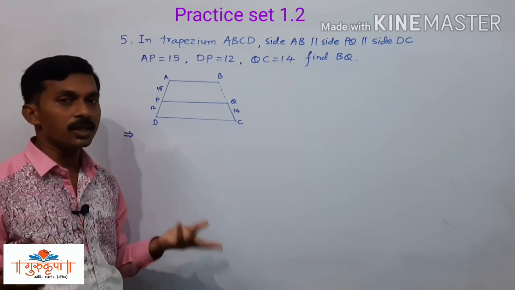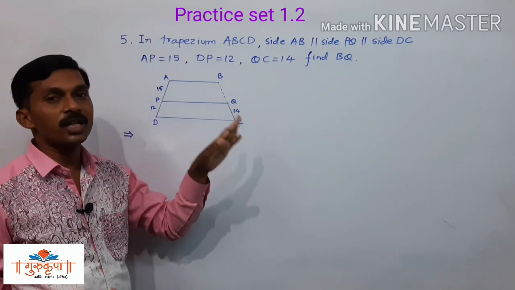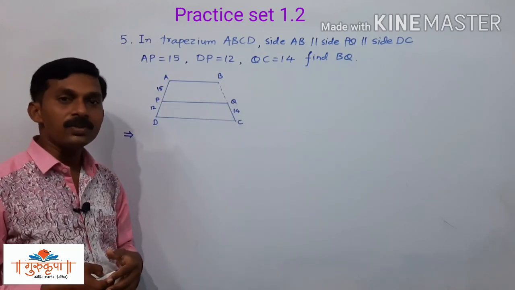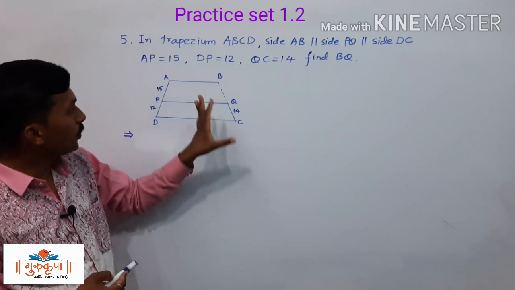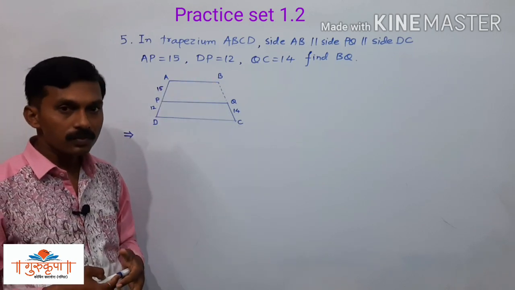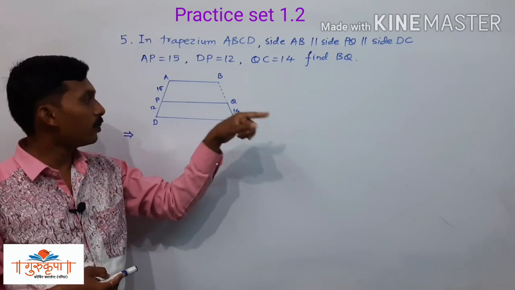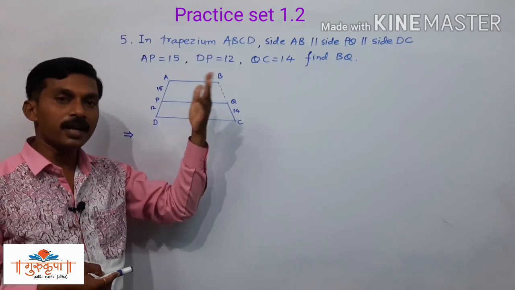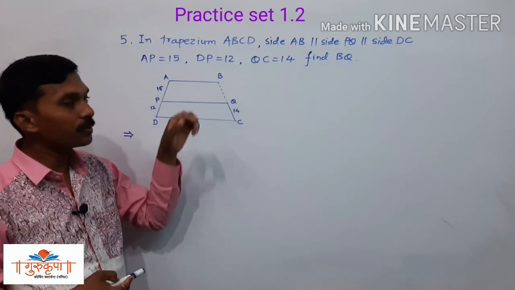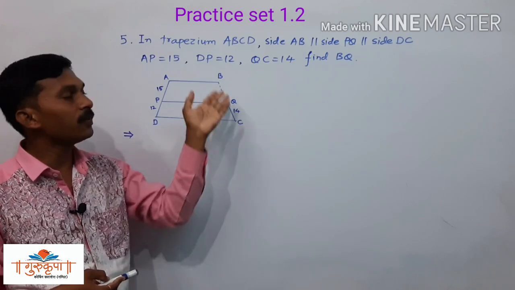Since we have to use the property of three parallel lines and their transversal, and we have to find BQ. Sometimes in the question you may be asked to find BC. BC is not in the equation of the property, but we can add CQ and BQ to find BC.